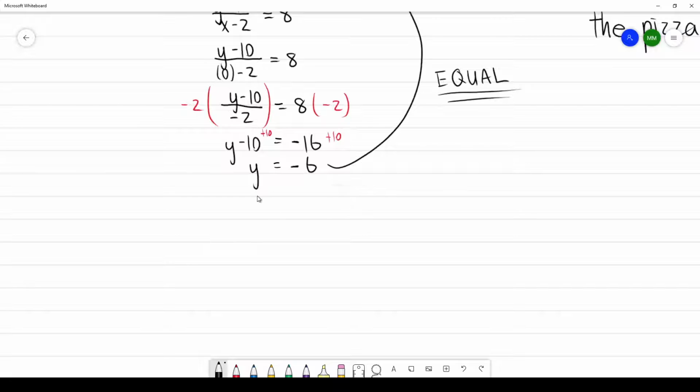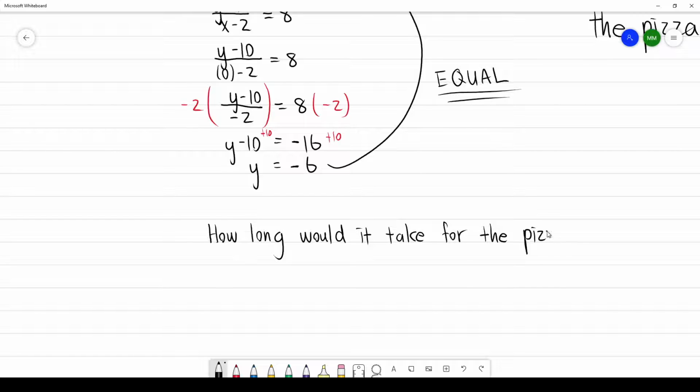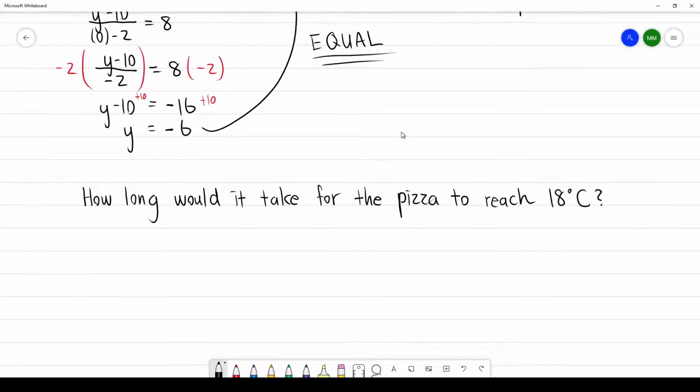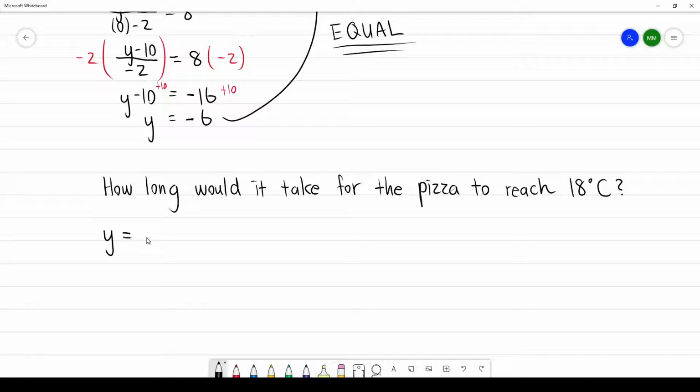So our relationship is y is equal to 8x minus 6, where y is the temperature and x is time.